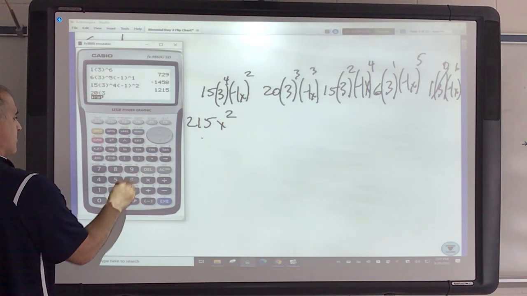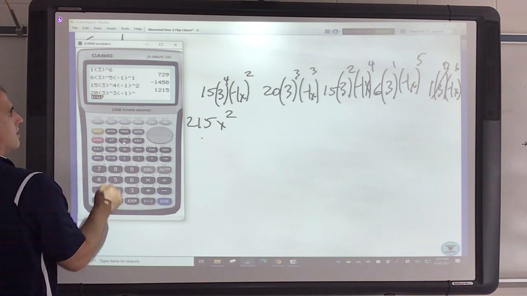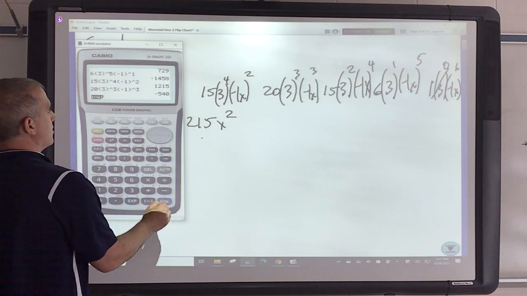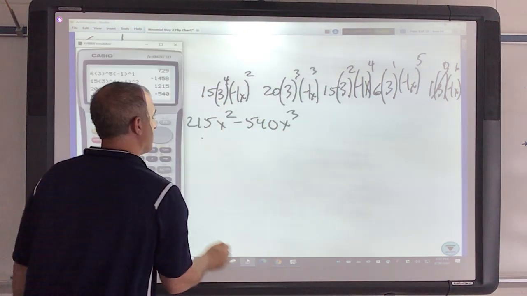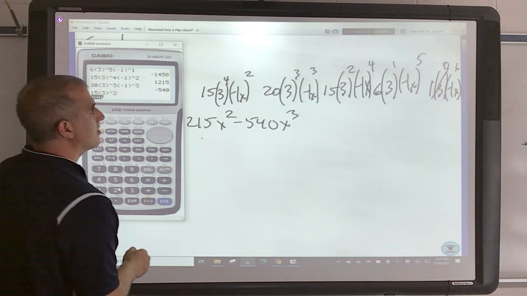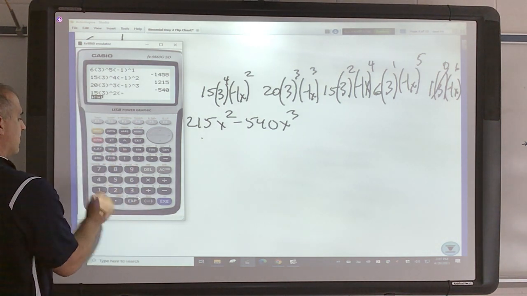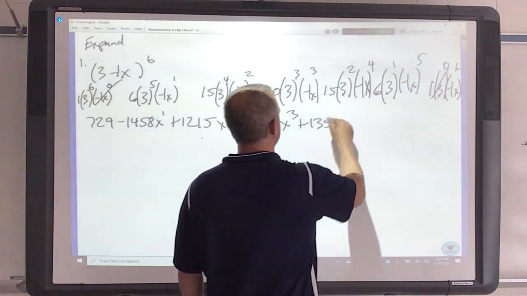Then 20, 3 to the 3rd, negative 1 to the 3rd, negative 540 x cubed. Then 15, 3 squared, negative 1 to the 4th, that's 135 x^4.